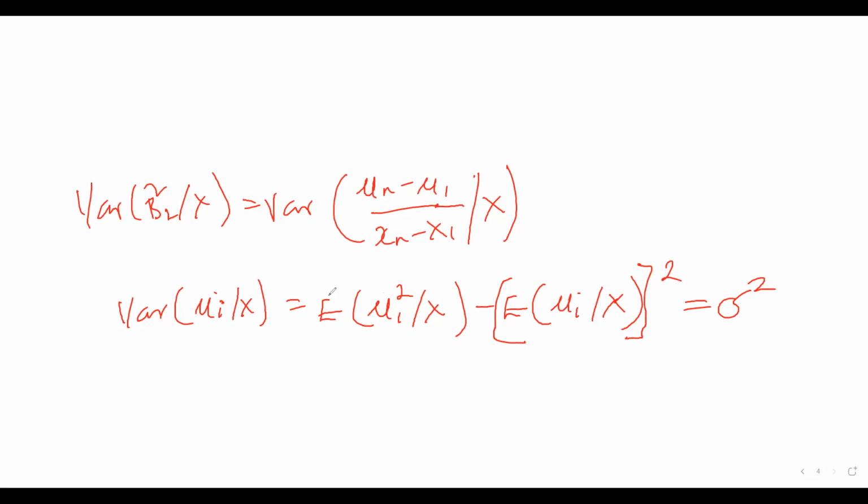So if this is equal to sigma square, then the variance of un now, so it's constant for all I 1 to n. So it's going to be sigma square plus sigma square minus 2 covariance un and u1, right? Because this is just the variance of this guy alone, not of this guy now.